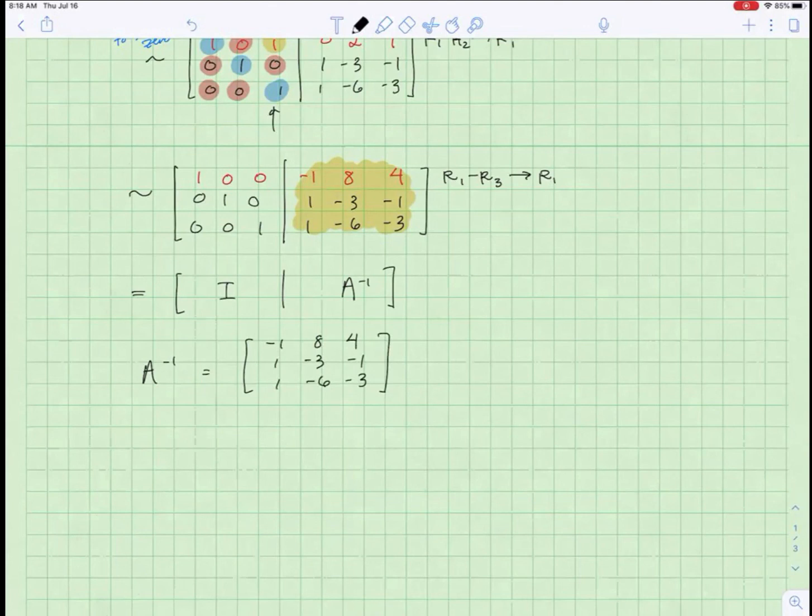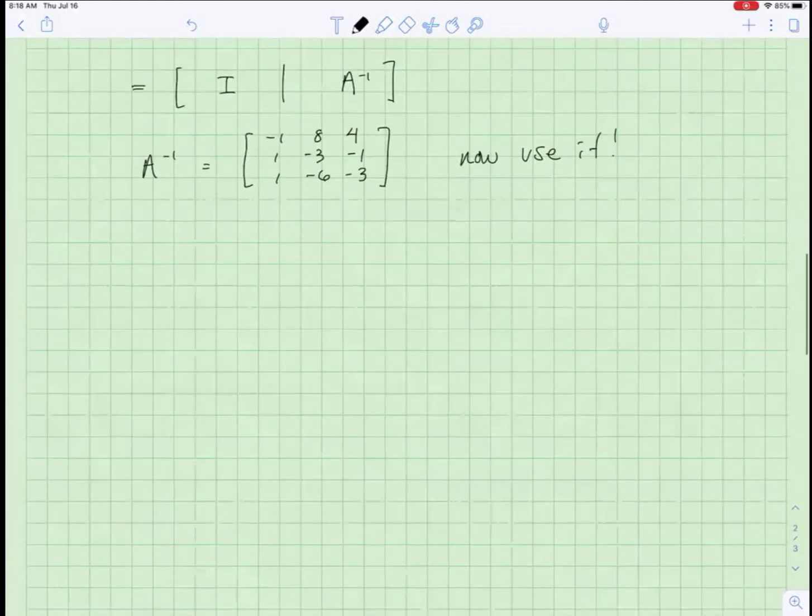And now we have to use it. So this is going to require some matrix multiplication. X, our solution, which is the variables x, y, z, is equal to A inverse times our B column.